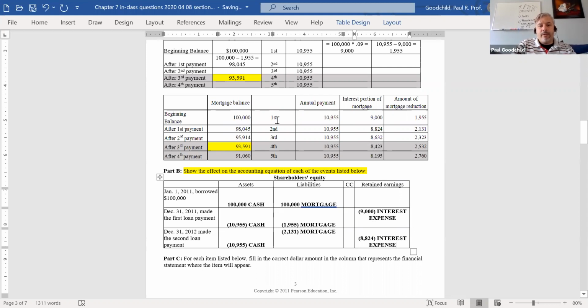Okay, and those came from the first two rows there. Got a question? Where's the $10,955 from? That's the payment amount.